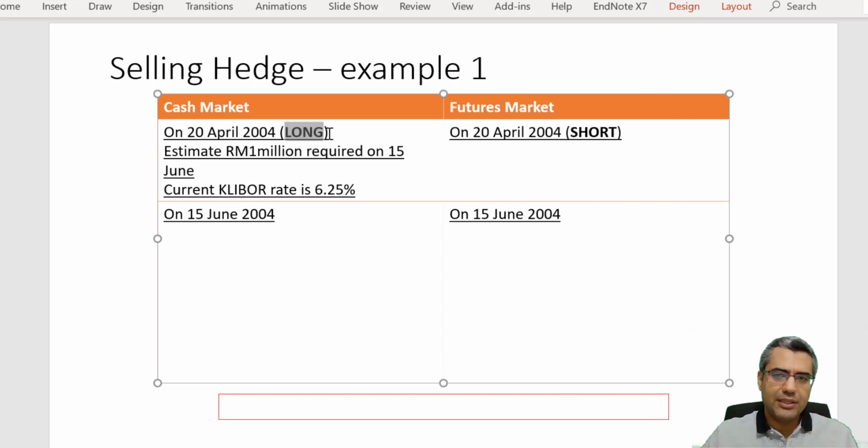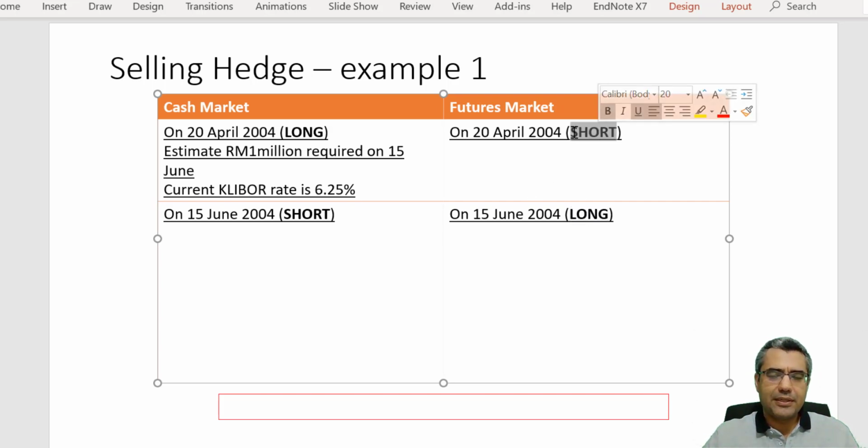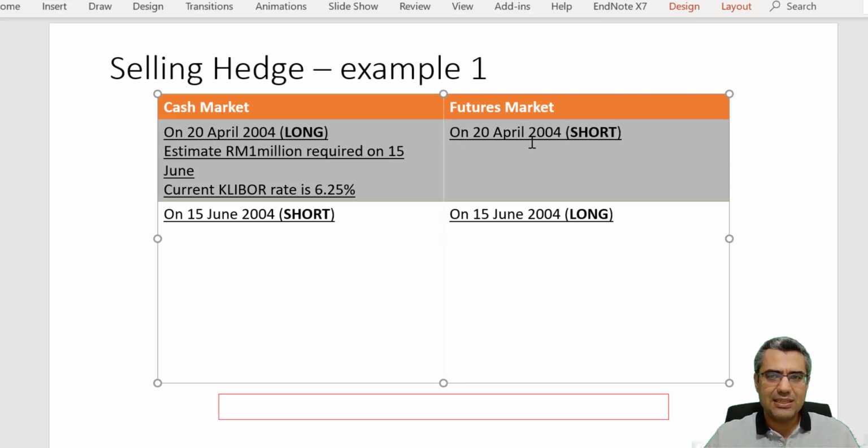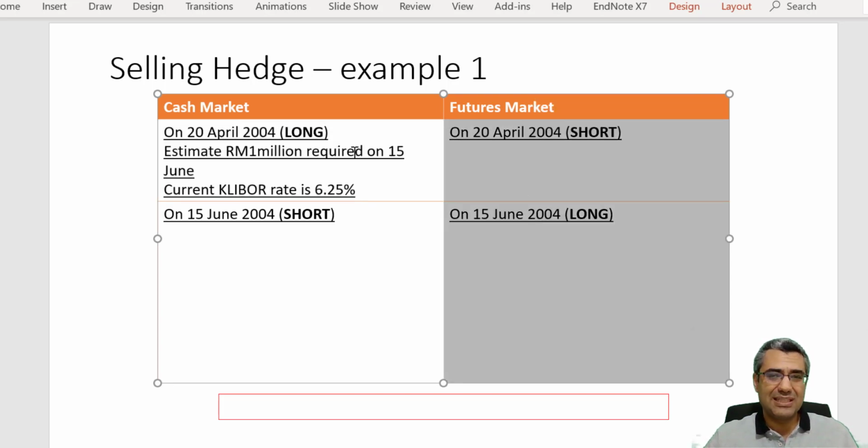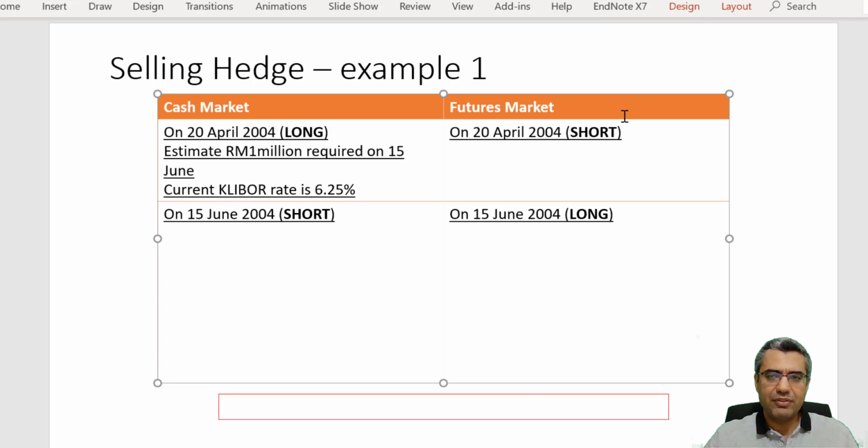Once you identify the position in one of the cells, you can identify the position of the other cells. As you already remember, if you are short here, the other cell in the same row and same column cannot be in the same position. So if it's short here, then it's long here.